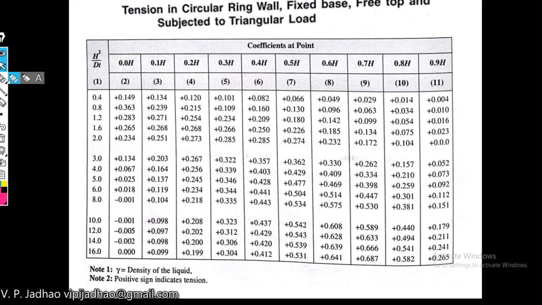First determine the value of H square divided by dt. Let us consider our H square upon dt is 8.0. Then we'll find out the maximum value of the coefficient. You can see here the maximum value of the coefficient is 0.575.